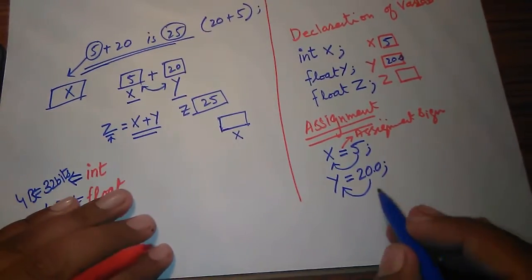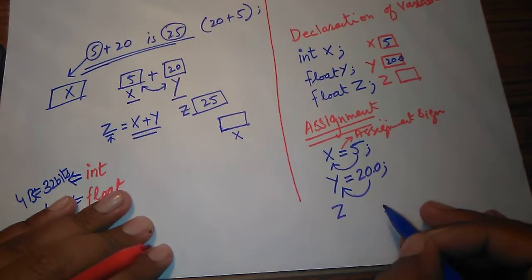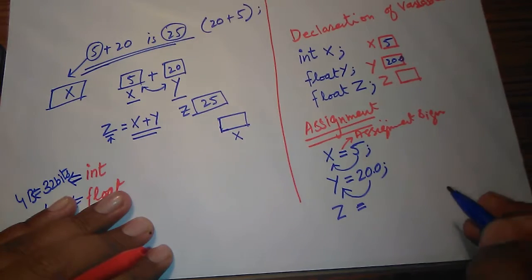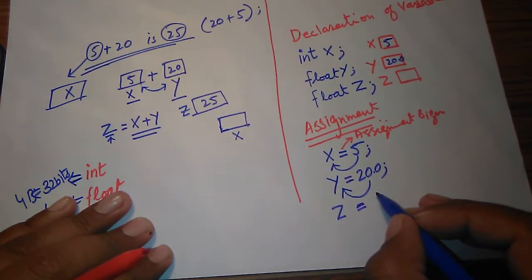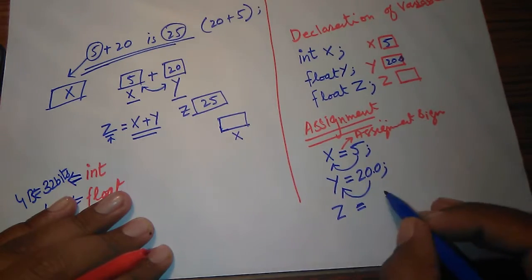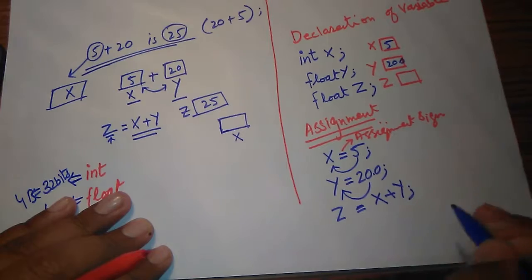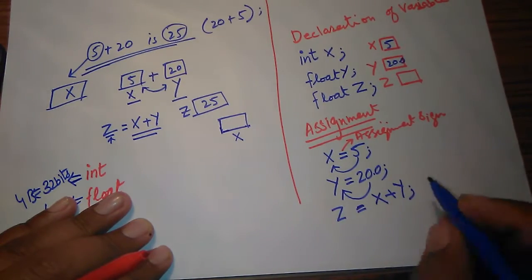I want to perform another process for z. I'm writing here x plus y, and I'm closing this. What will happen?